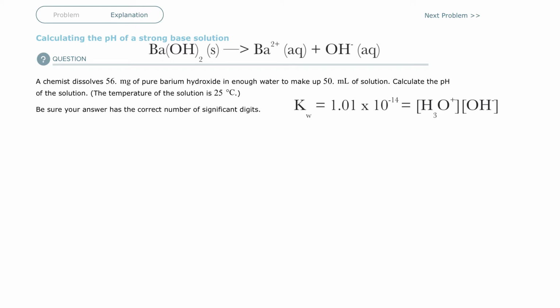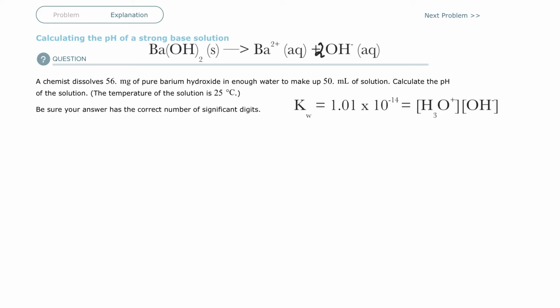So I've got the formula at the top. And now it needs to be balanced. We'll make sure that it's balanced before we go any further. So I've got 1 barium, and you'll have 1 barium ion. You're going to have 2 hydroxides. That means I'm going to have a 2 up here.